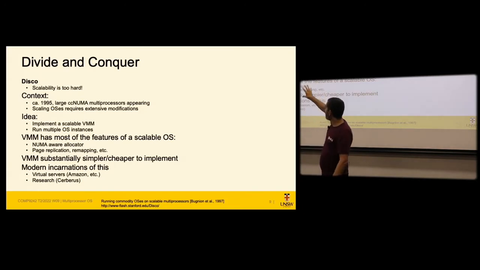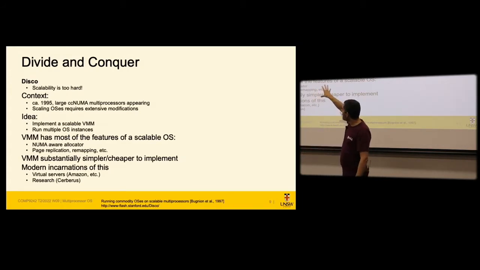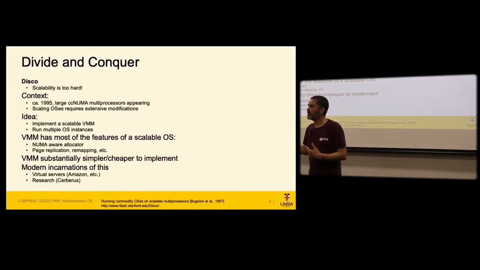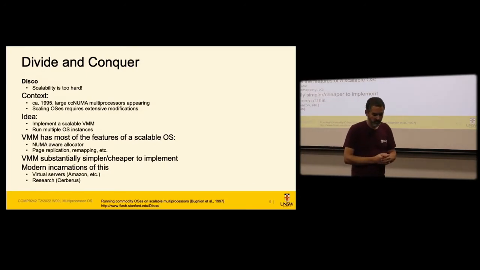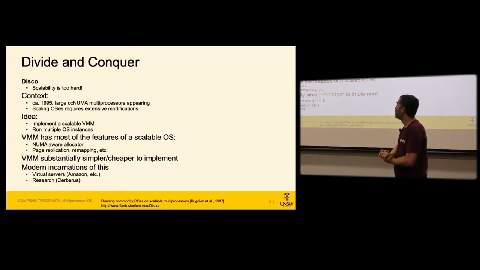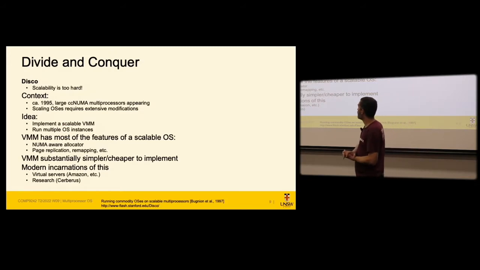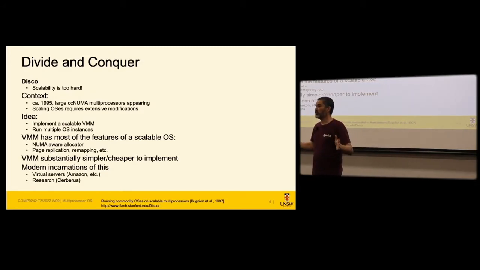And then I'll give you some context, like when was this started? What did the world look like when these projects were developed? And then give you an overview of what the idea is behind it. And then in subsequent slides, I might go into some more detail about the systems. So the first system is Disco, and the slogan here is scalability is too hard.